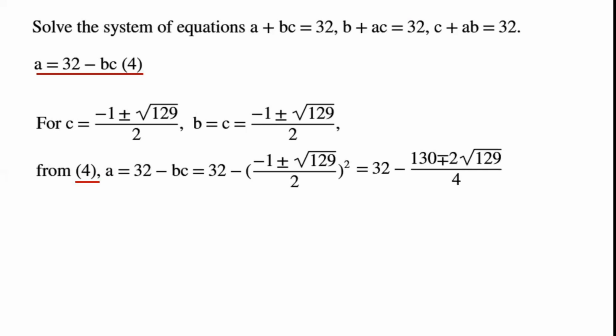which is equal to 32 minus (130 minus plus 2 times root of 129) over 4, which is equal to (minus 2 plus or minus 2 times root of 129) over 4, which is equal to (minus 1 plus or minus root of 129) over 2.